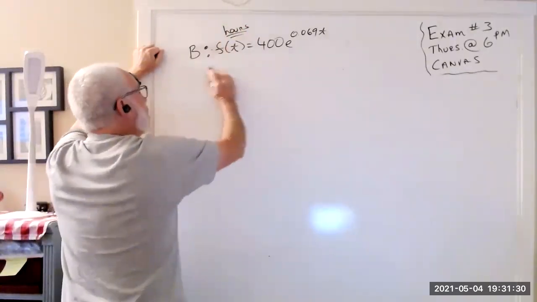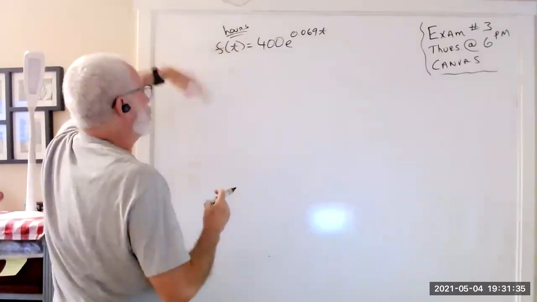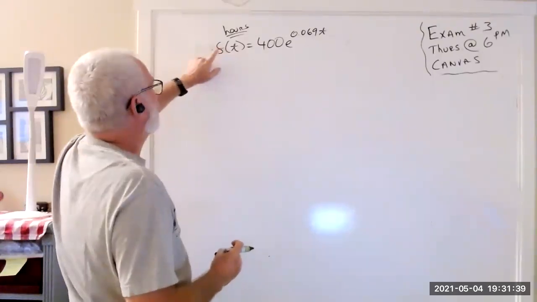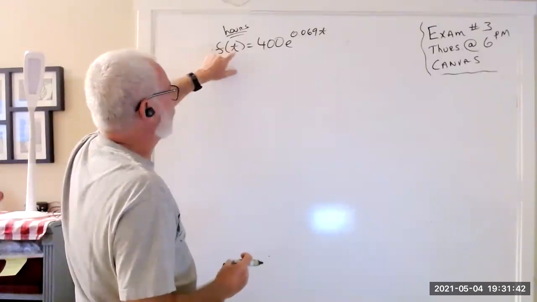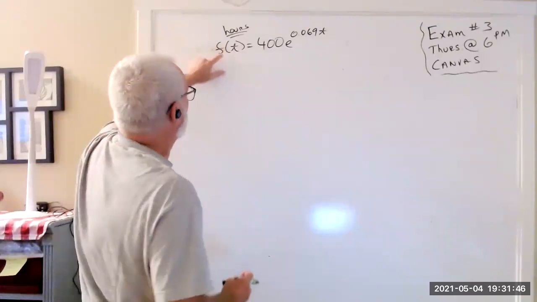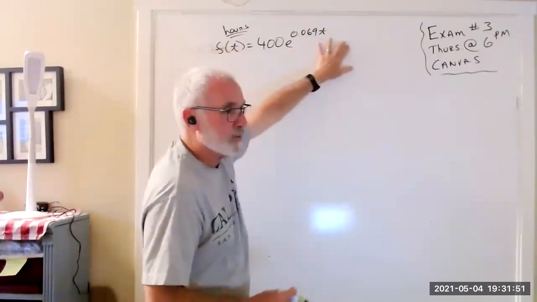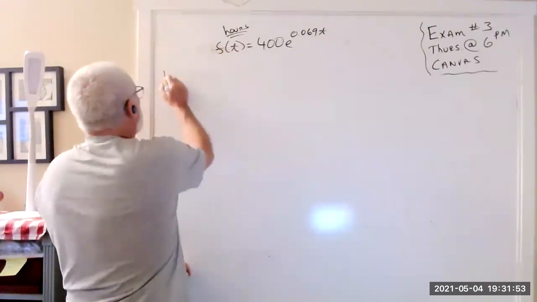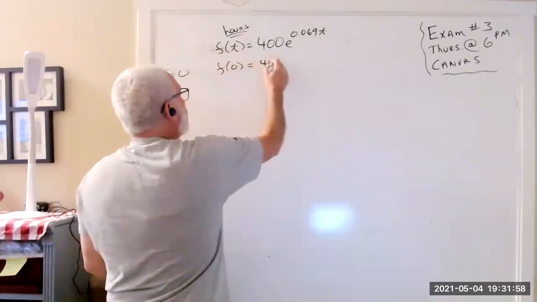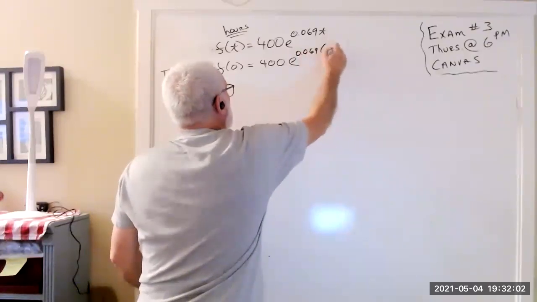So here, this B here is stupid. That's how our functions are. The number of bacteria at a certain time is given by this formula. That's all that says. How many bacteria we have at a certain time is given by this formula. So the question was at time equals 0. So that would be f of 0 equals 400 times e to the 0.069 times 0.